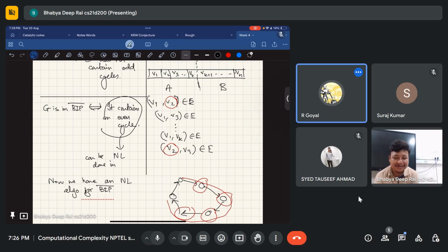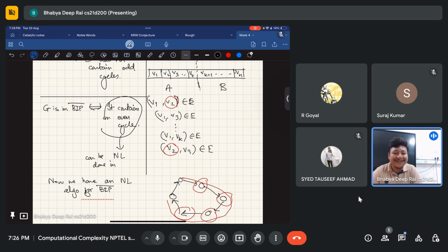Okay. Others also try to think about it. Now I have an NL algorithm for the complement of bipartite. I want to tell there exists an algorithm for bipartite.